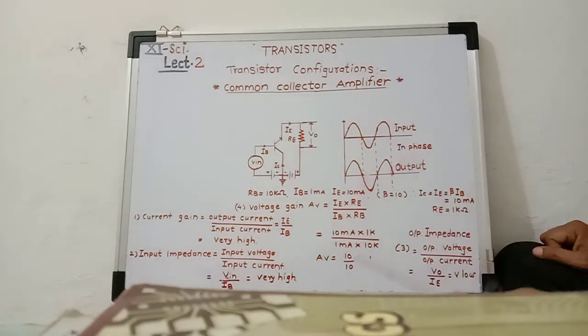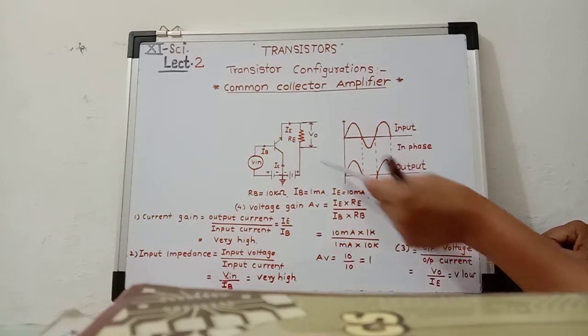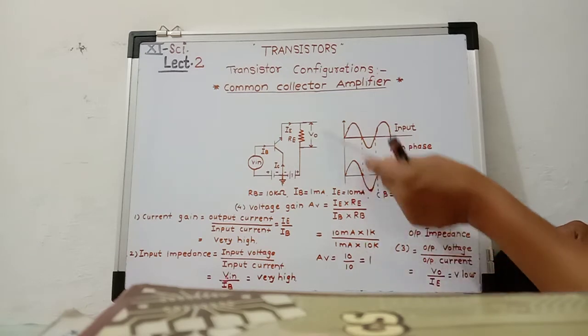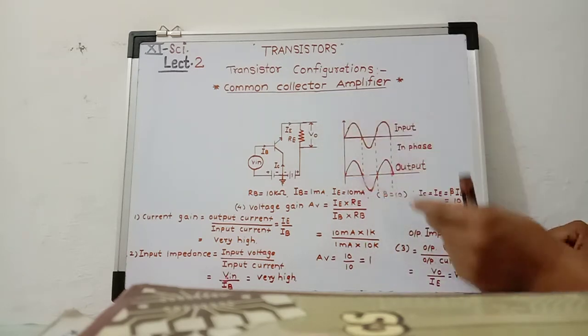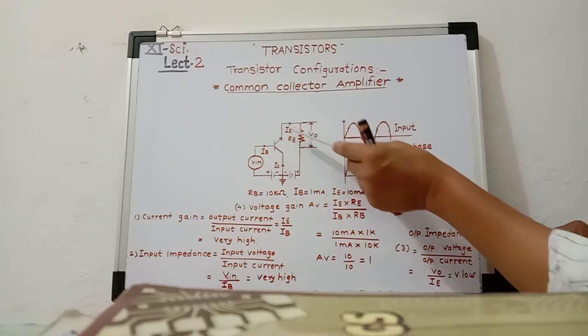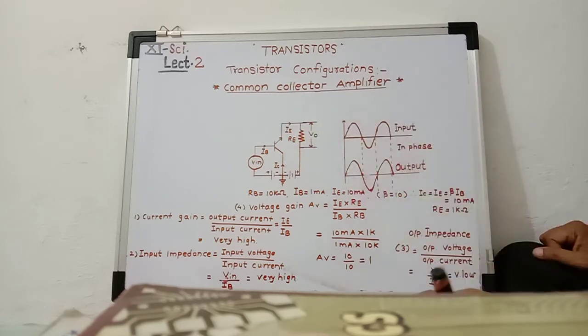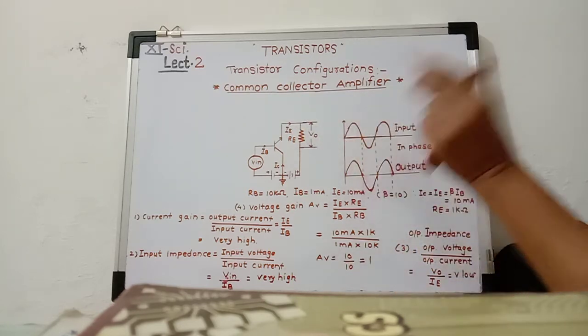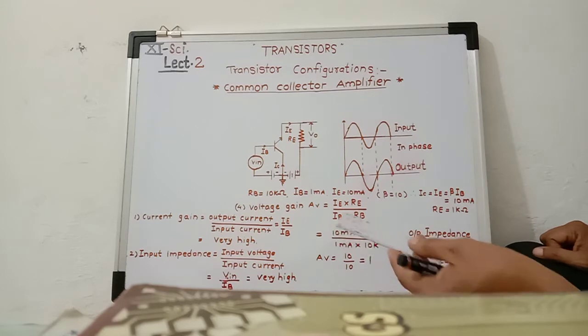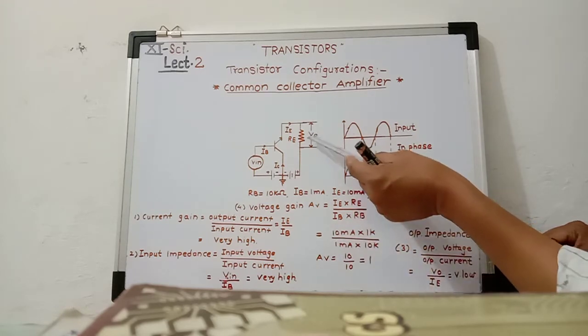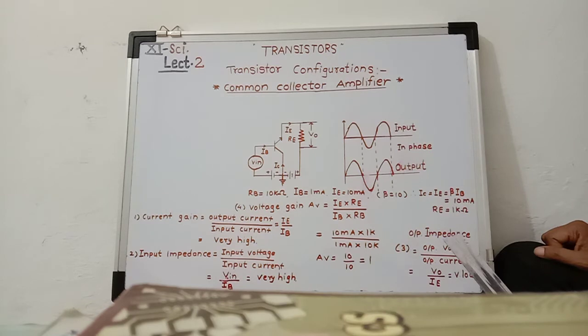Since the emitter current is very large, the output impedance is very low.